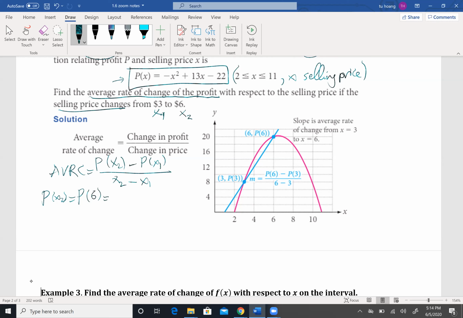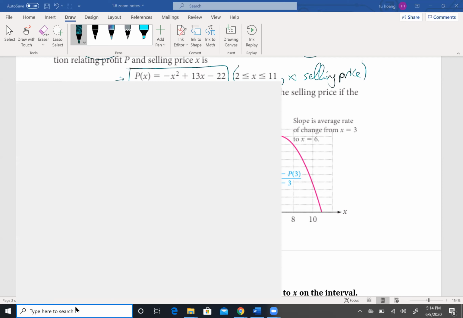I change x to 6, so negative 6 squared plus 13 times 6 minus 22. And I will have P of 6 equal to, let me use my calculator.